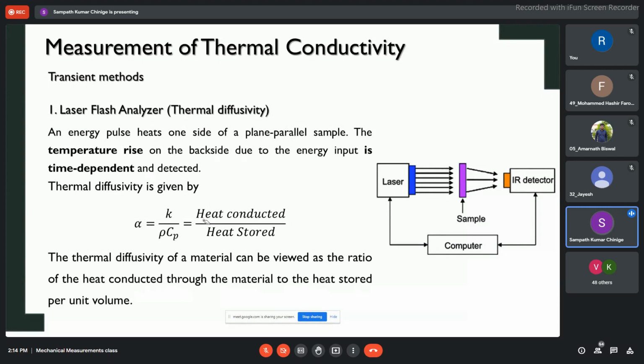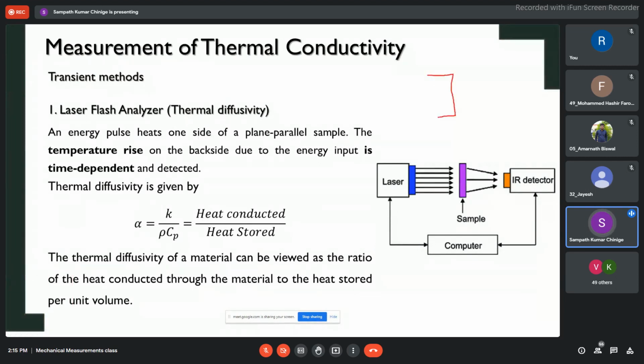For that we have the laser flash analyzer. This is one method that I am telling you. In a steady state method, thermal conductivity is the property which tells you how fast the material transfers heat. But when it comes to an unsteady method, it is not the thermal conductivity. Suppose I have one material here.